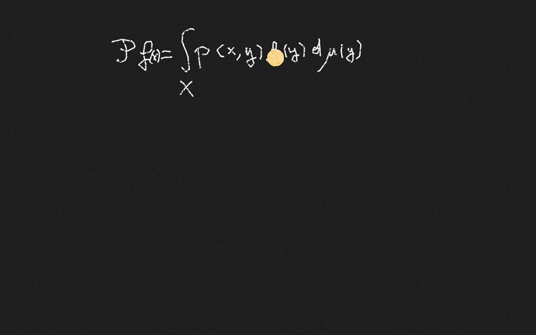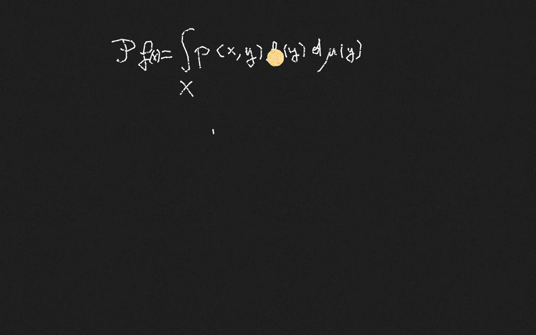So this is the continuous version. I'm writing the continuous version because maybe you are used to it; there exists the continuous version of diffusion processes, and it's the same thing.